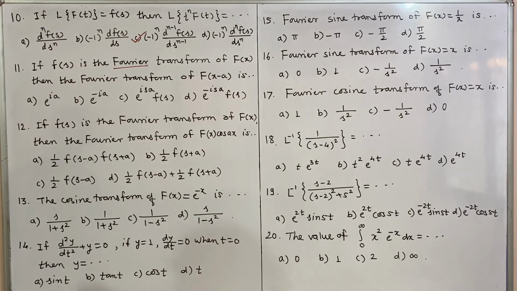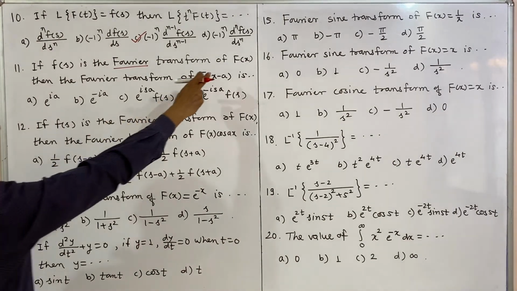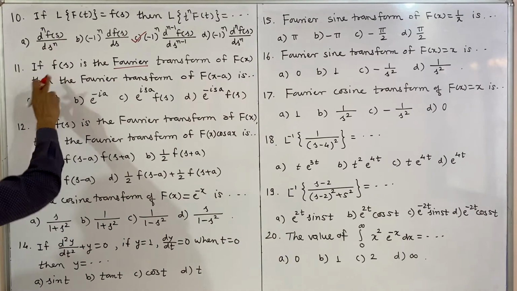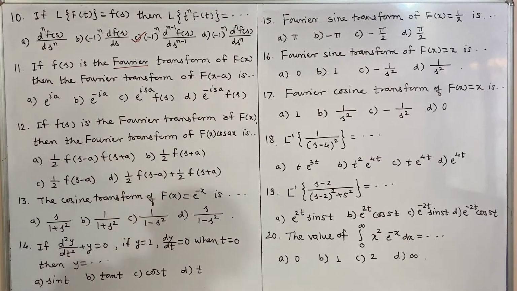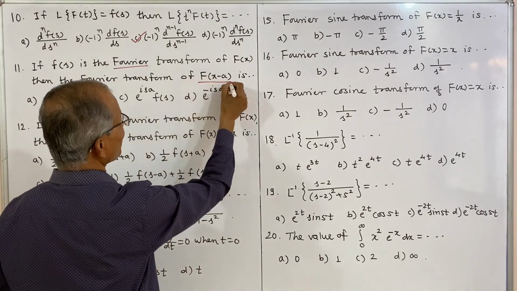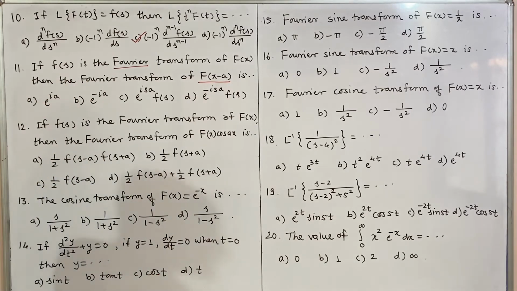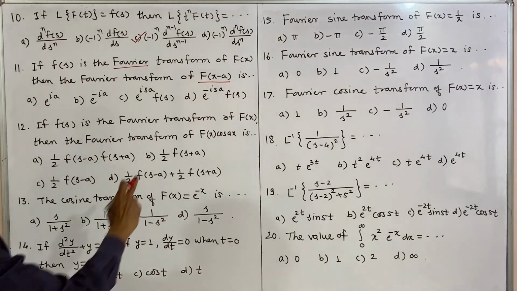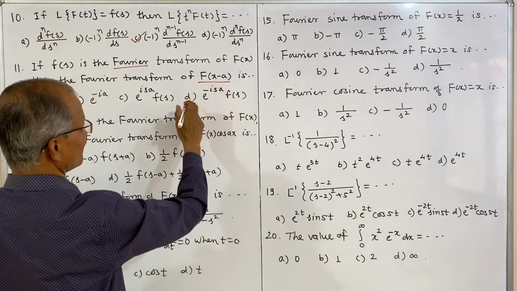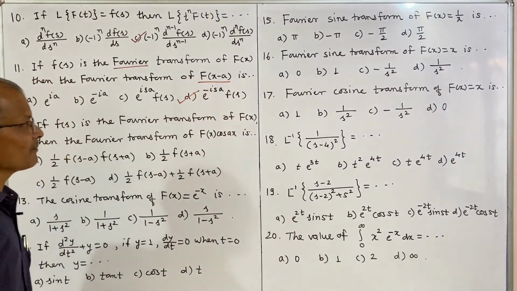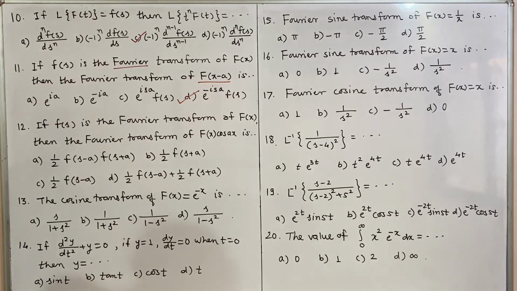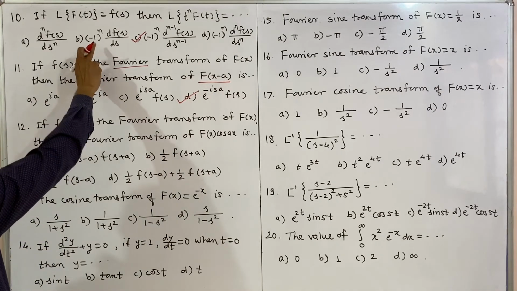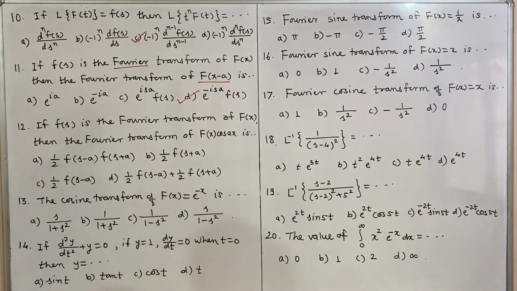Fourier transform of capital F of x is denoted by small f of s. Then the Fourier transform of capital F of x minus a is, by the shifting theorem, e power minus i s a into f of s. So therefore this is the correct alternative. So this is a theorem on Laplace transform, and this is a theorem on Fourier transform.